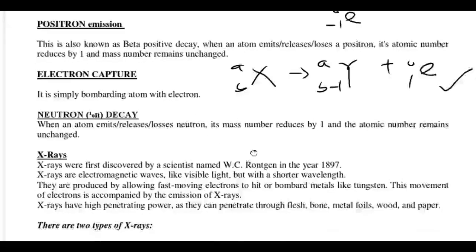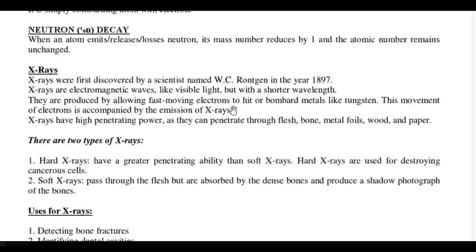That is electron capture. Now what of neutron decay? Neutron is symbolized as this: atomic number 0, and mass number 1. When an atom emits neutron, its mass number reduces by 1 and the atomic number remains unchanged.